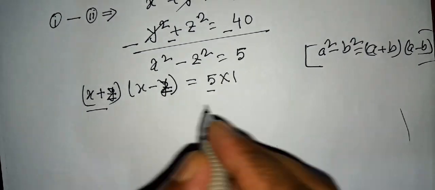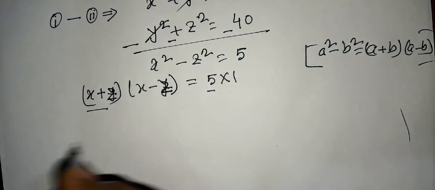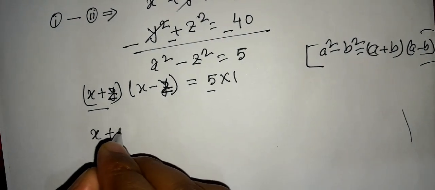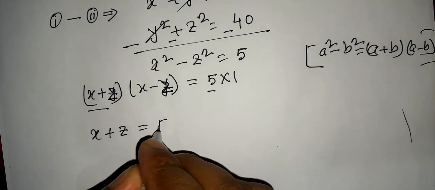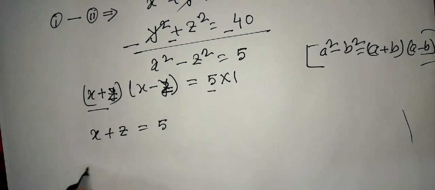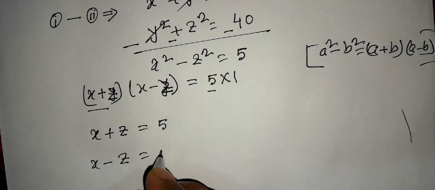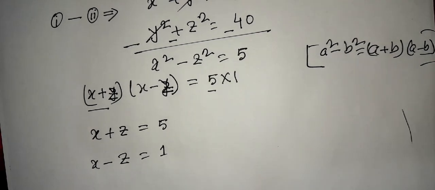So we can write x plus z equal to 5 and x minus z equal to 1.